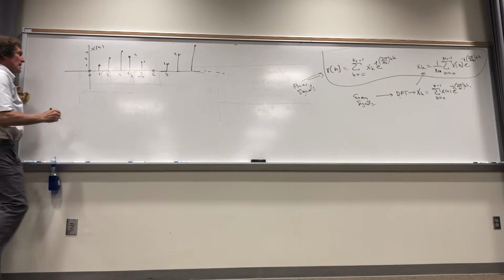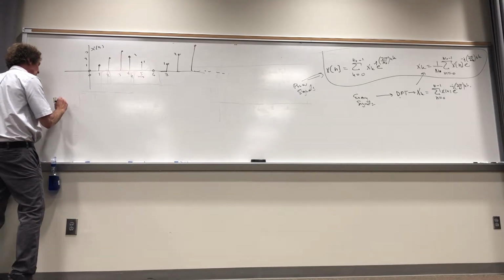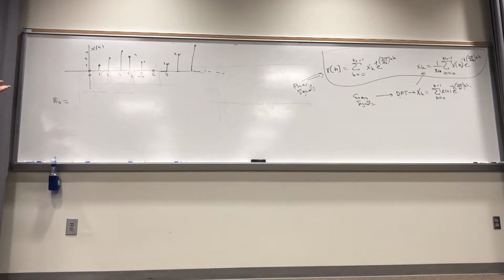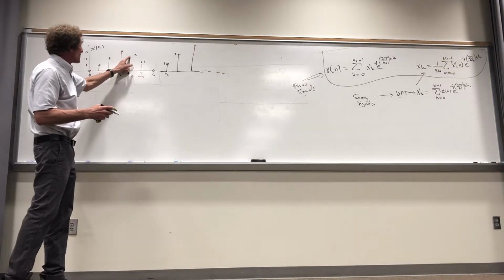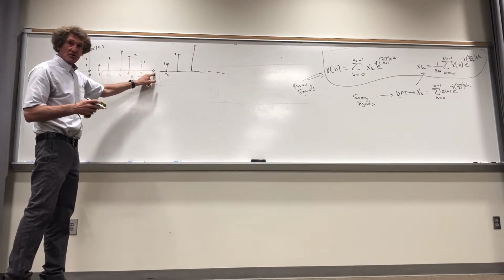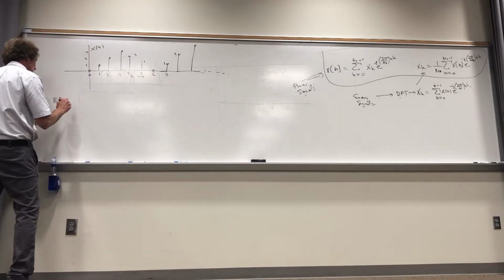So the first thing you have to do is look here, and what is the value of n naught? How many samples before it repeats itself? 6. Well, let's see, you got 1, 2, 3, 4, 5, 6, and then it starts over again, right? So it'll be 6.